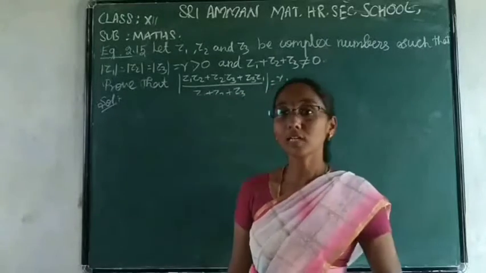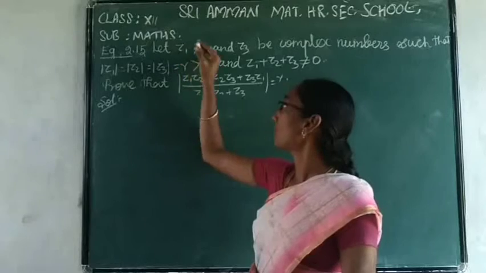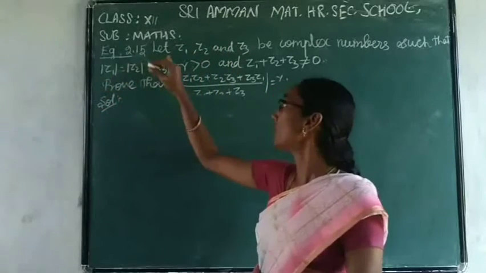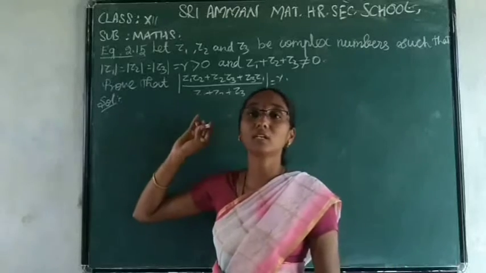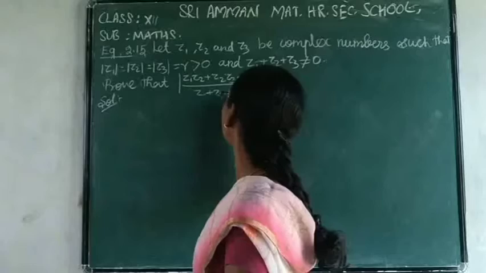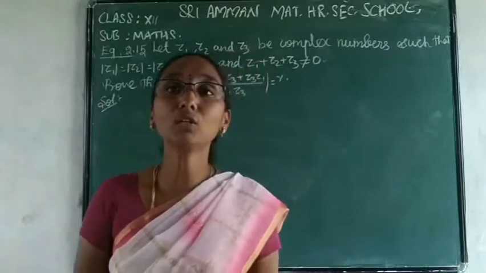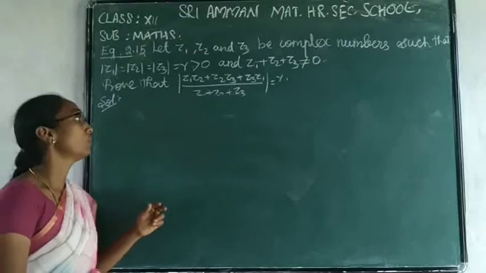We want to prove that modulus of (z1 z2 plus z2 z3 plus z3 z1) divided by (z1 plus z2 plus z3) equal to r.